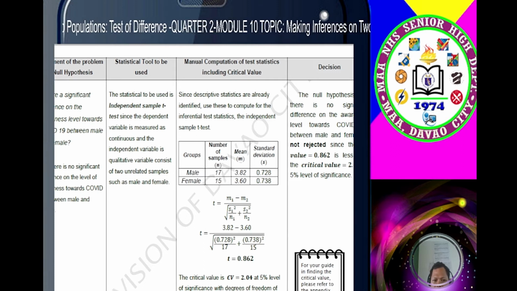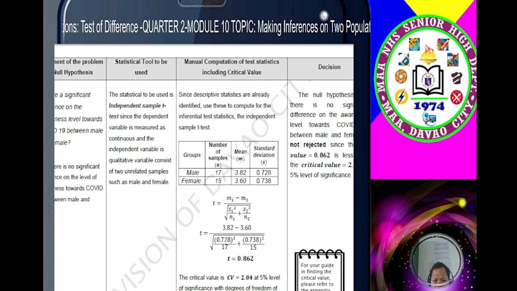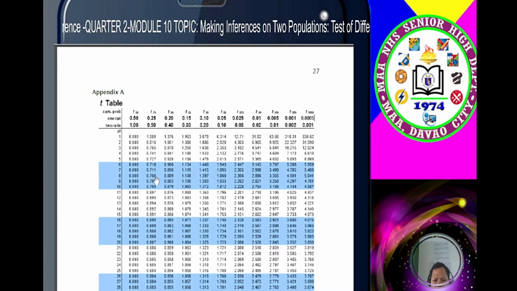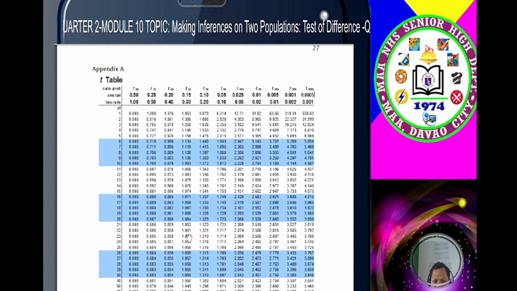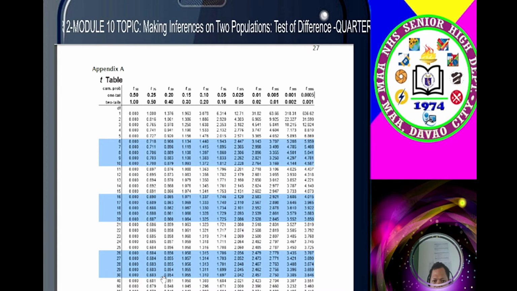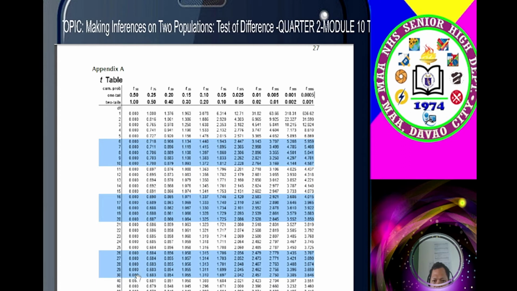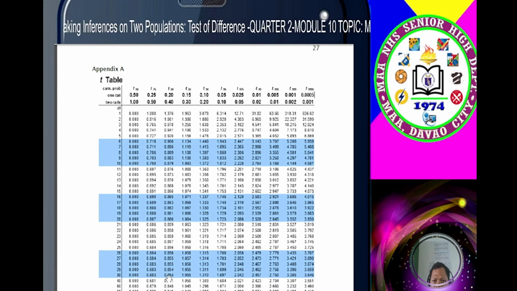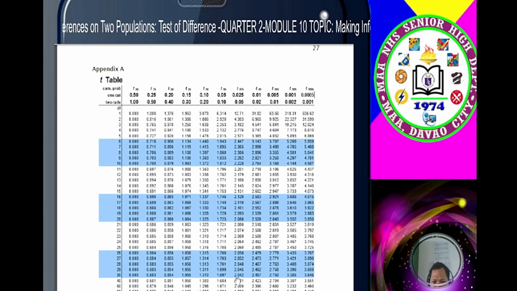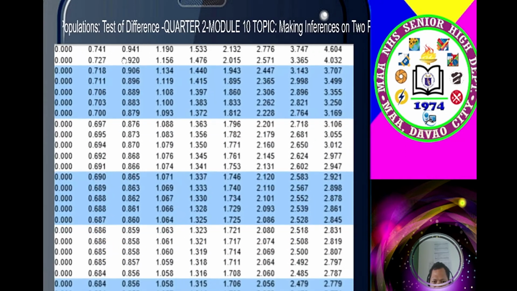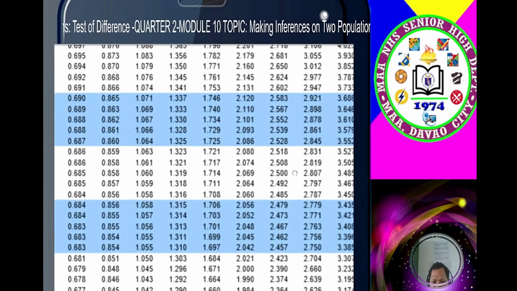So how do we get that value 2.04? Just look at it in the table. This is the table. Our df here is 30, so degrees of freedom is 30. Then our test is at 5%. I hope you can see it clearly. I'll just go full screen.